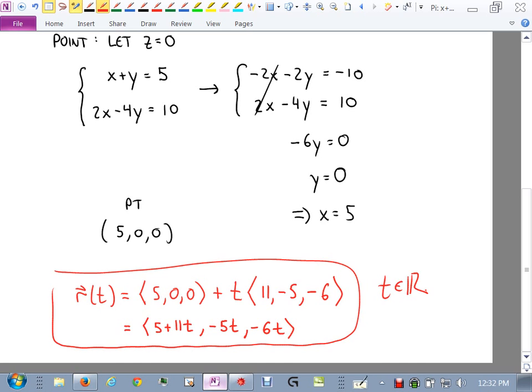You don't need to show the restriction, I'm okay with it. But now if it's a line segment, you do need to show the restriction. We'll just assume t is a real number unless otherwise stated, you know what I'm saying?